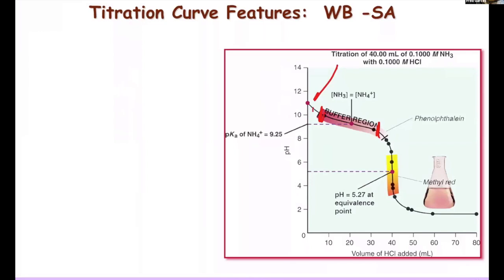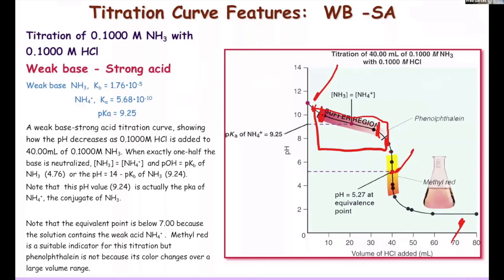The buffer region really should start here and go to right before its equivalence point. That would be my buffer region. This now is below 7 because the conjugate of a weak base is a weak acid. And if that's all that you have in solution, the weak acid, it's going to produce hydronium. Therefore, the pH is going to be below 7, and then we end up at a very low pH because you're adding excess acid.